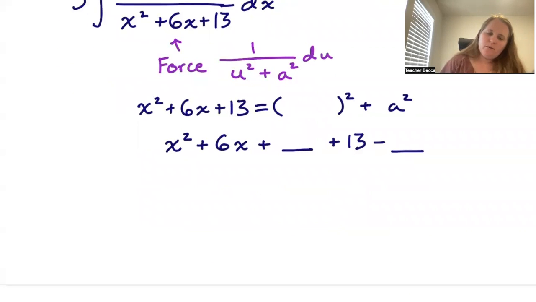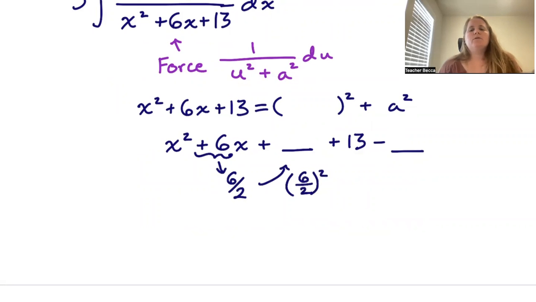For that blank, we're going to divide that plus 6 by 2 and then square it. 6 over 2 is 3, squared becomes 9. So we are looking at a plus 9. To balance that out, we will subtract off 9.